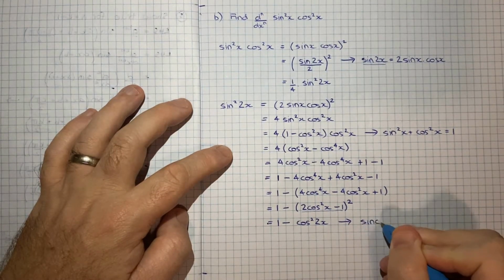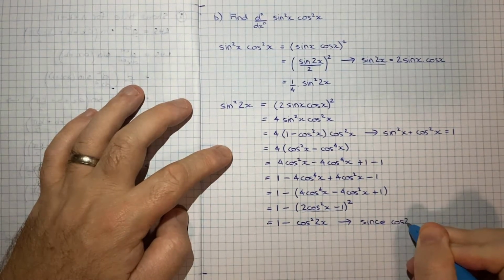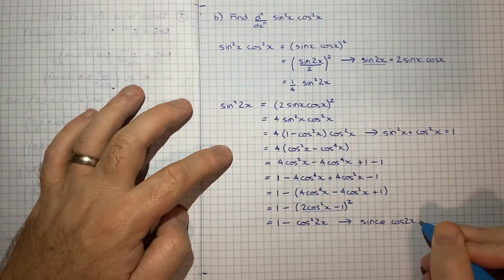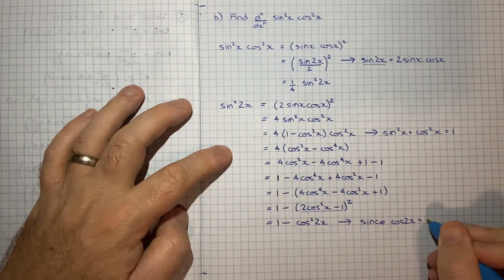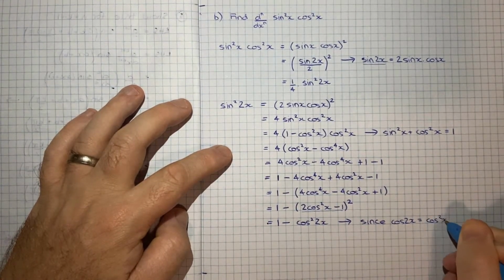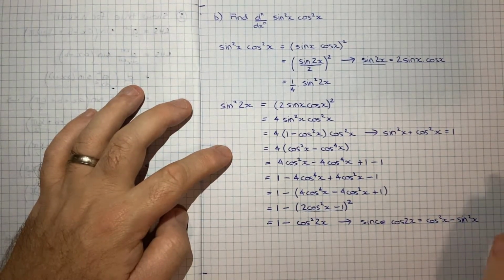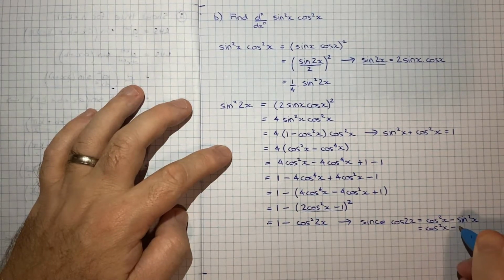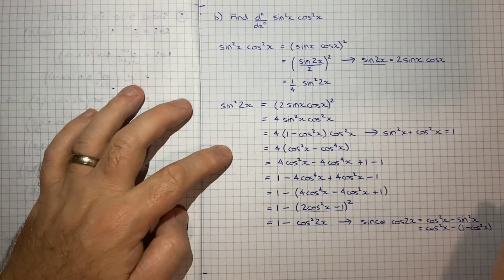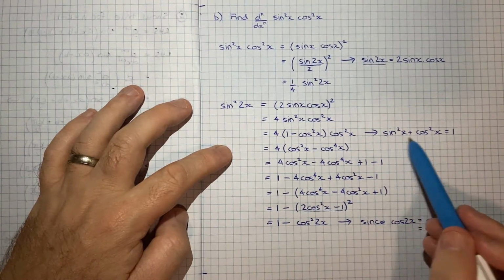And I can say that since cos 2x, the identity that you probably know is that cos 2x is cos squared x minus sine squared x. And that I could write as cos squared x minus 1 minus cos squared x, using this same identity here.